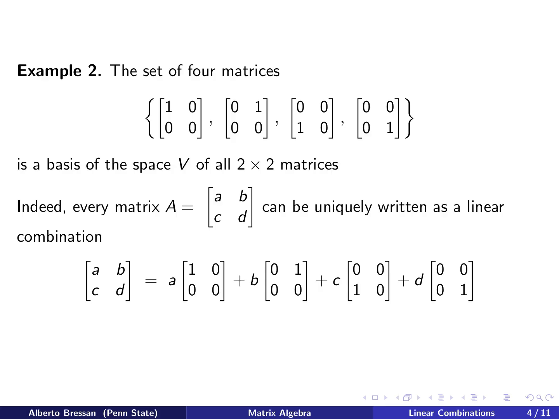And you see that's quite simple. We can form the linear combination by multiplying the first one with A, so this position will be A, and then the second with B, so this will be B, and so on and so forth. Therefore, this one is a basis.